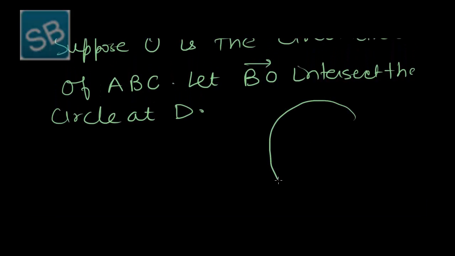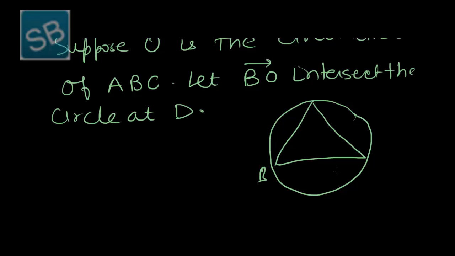We have a circle, we have triangle ABC, and radius R. It cuts the circle at the point D.